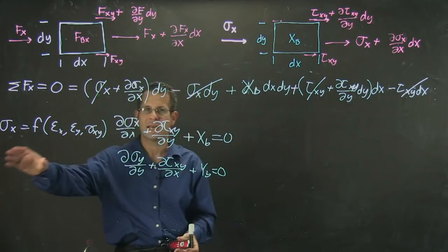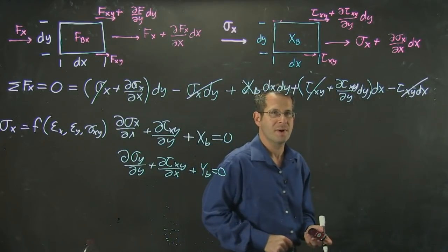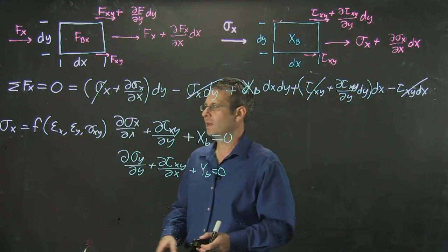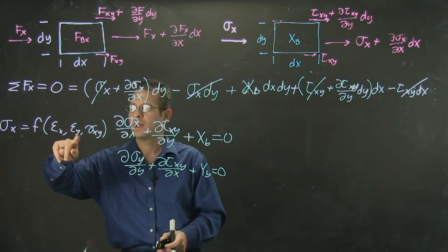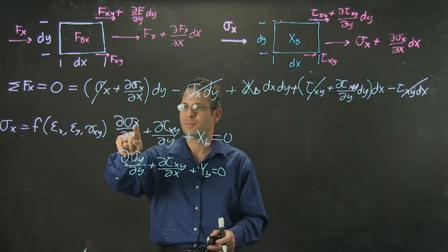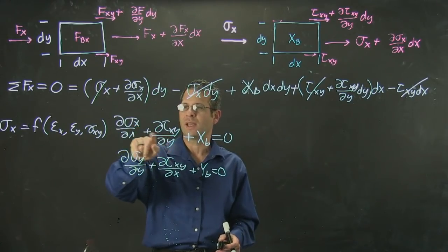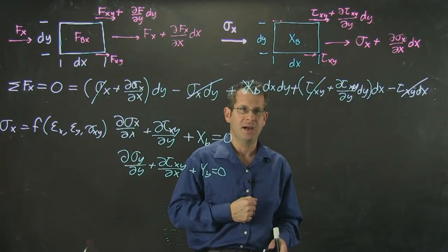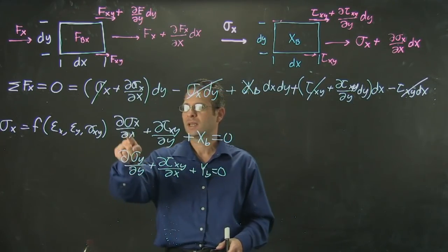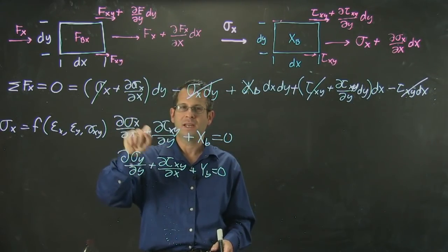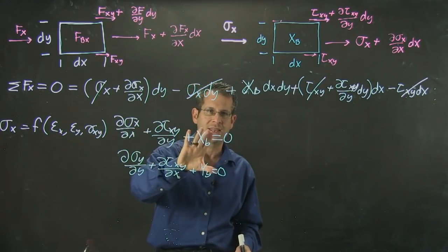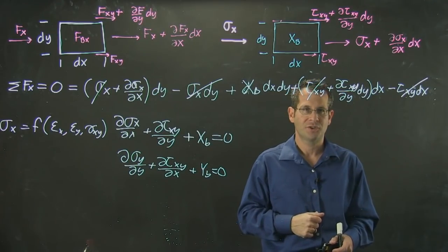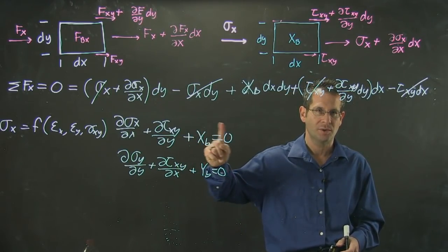And I can relate that through that 3×3 equation with the D matrix. I'm not going to go over and do that, but I am going to just remind you that I have simple relationships where I can substitute in expressions that'll have Poisson's ratio and Young's modulus, perhaps, and then be in terms of strain. So I can rewrite this equation, which is currently in terms of stress, in terms of strain.